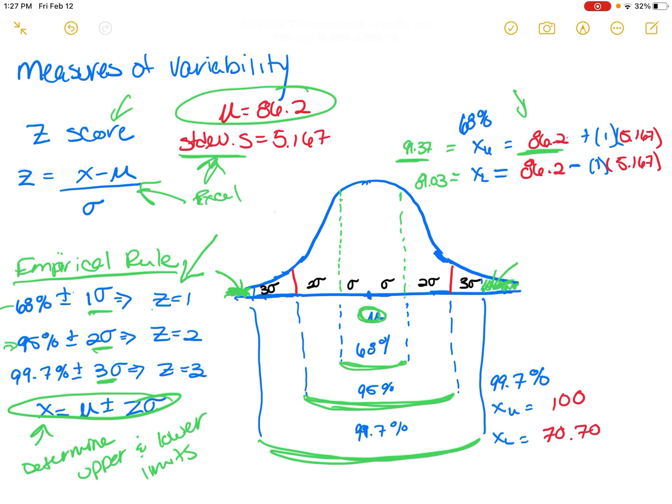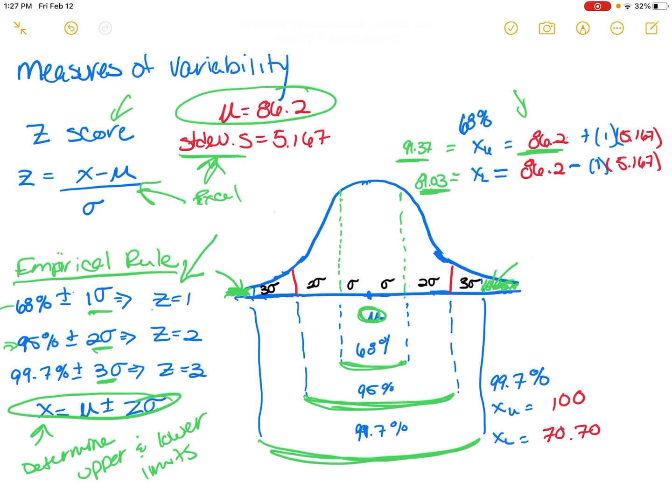And then if I want to look at the lower limit, I would take the 86.2 and subtract 1 times 5.167, and that would give me the lower limit of that quiz, right, being an 81.03.